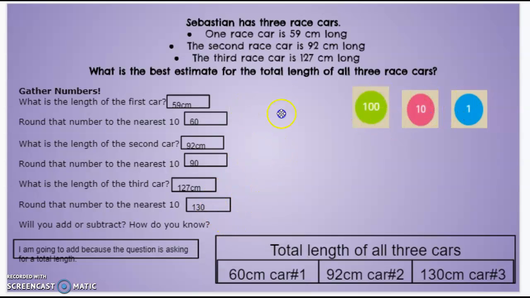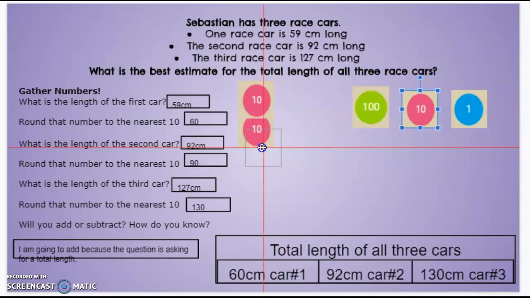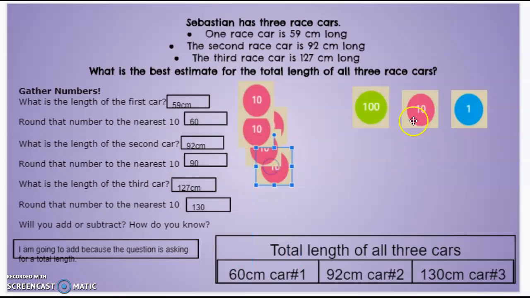Okay, now I'm going to add these. 60, 70, 80, 90. Oops, sorry, this should be a 90.